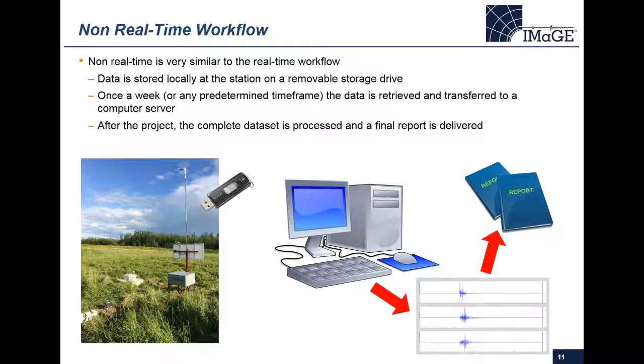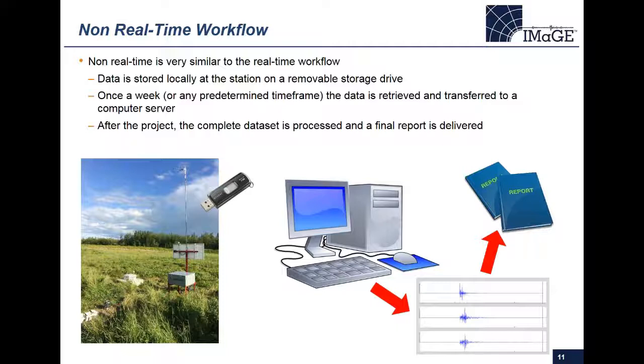The non-real-time workflow is very similar to that of the real-time workflow. The only major difference is that the data will not be continuously streamed to a central server here in Calgary, and will instead just be stored on a USB stick or drive on site. At the end of the job, the stations will be collected, and that data will be uploaded to our servers here in Calgary.